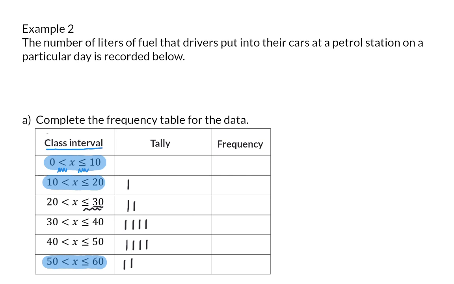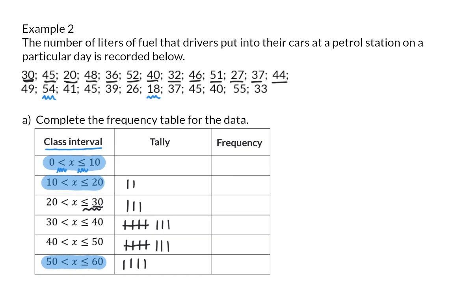And you continue like this until all the values are sorted according to class interval. Now we can complete the frequency column, and in the first class interval we add 0 data values, then 2, 3, 8, 8 and 4. The total of our frequency column is 25, and this indicates that the number of liters of 25 drivers were recorded.